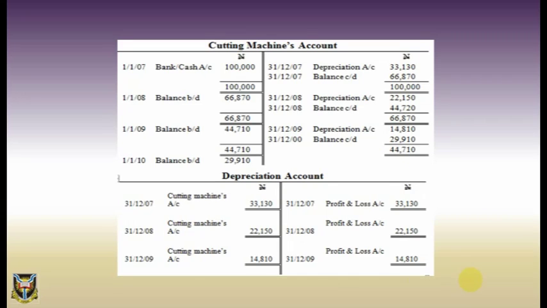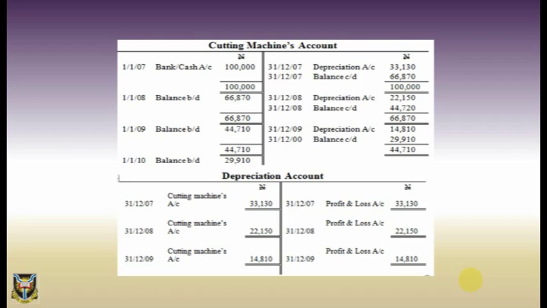1/1/2007 bank/cash account 100,000. 1/1/2008 balance B/D 100,000. 1/1/2009 balance B/D 100,000. 1/1/2010 balance B/D 100,000. 31/12/2009 balance C/D 100,000.